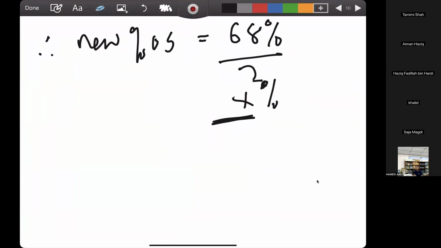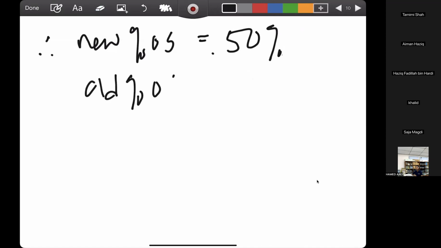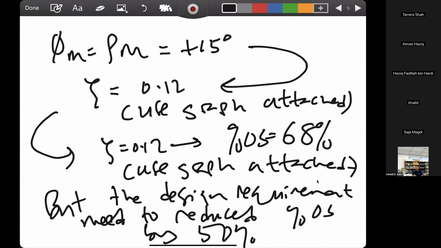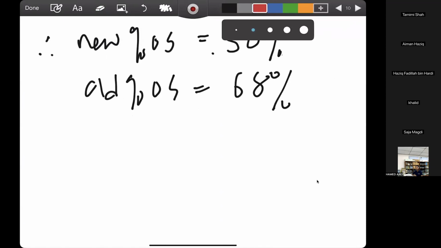So dividing by 2 is wrong. Reduced by and reduced to are different. So now the old one is 68, and we use this one.